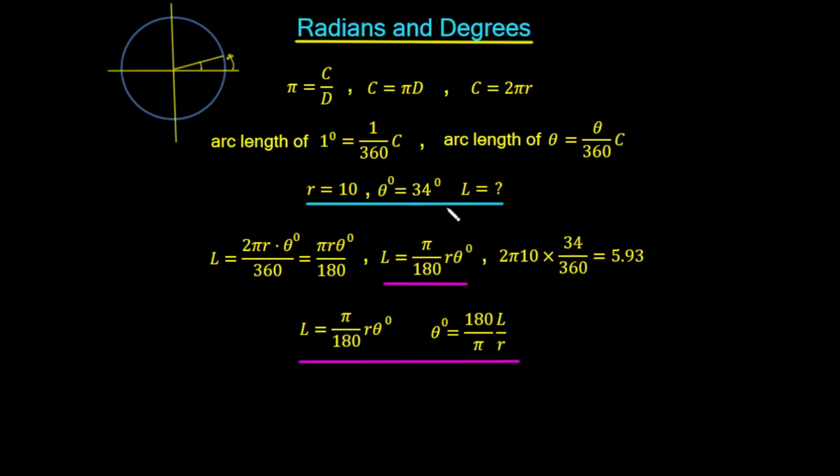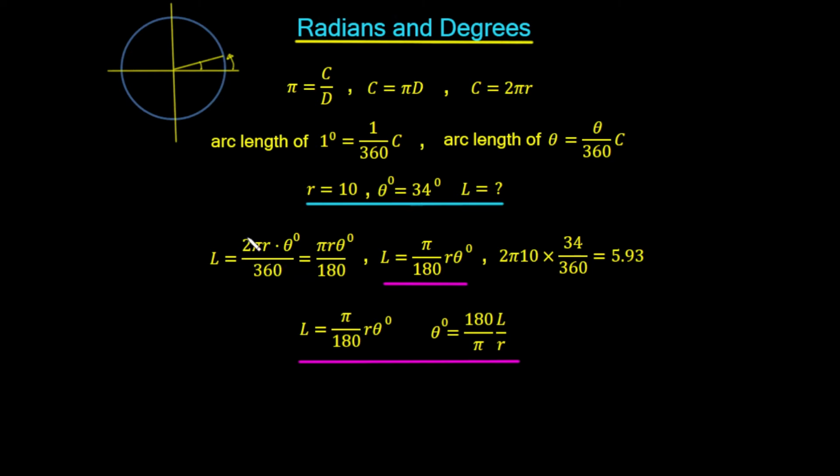And we're asking, in that instance, what would be the value for the arc length, and we'll call the arc length L. Again, we're just going to use the equation above. The arc length is going to be equal to the circumference, which is 2 pi r, times the ratio of theta divided by 360. So that's this equation here.